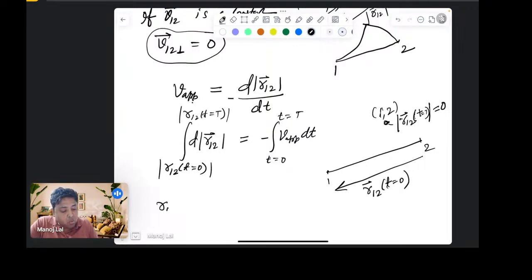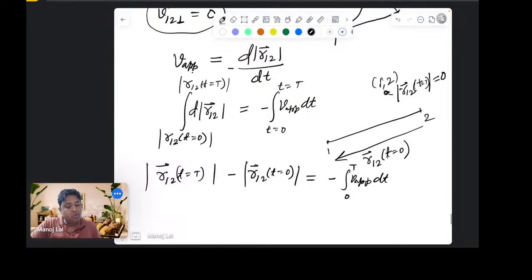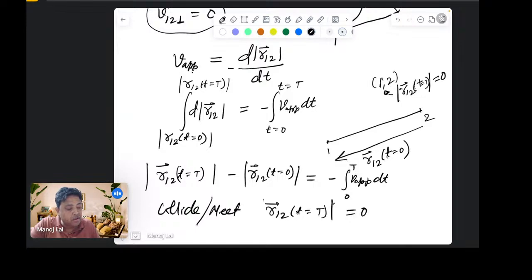So I can say R12 at t equal to capital T, at the time they collide, minus R12 at t equal to 0, after integration putting upper limit minus lower limit, is equal to minus integral of V approach dt from 0 to T. And we know when they collide or meet, R12 at t equal to T is 0, so mod is also 0.